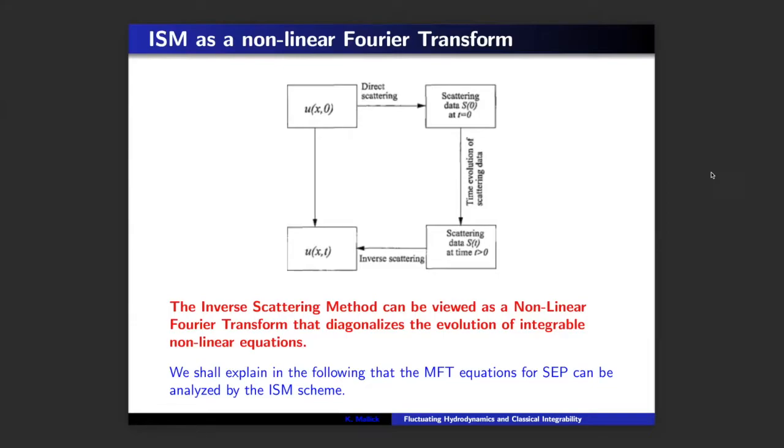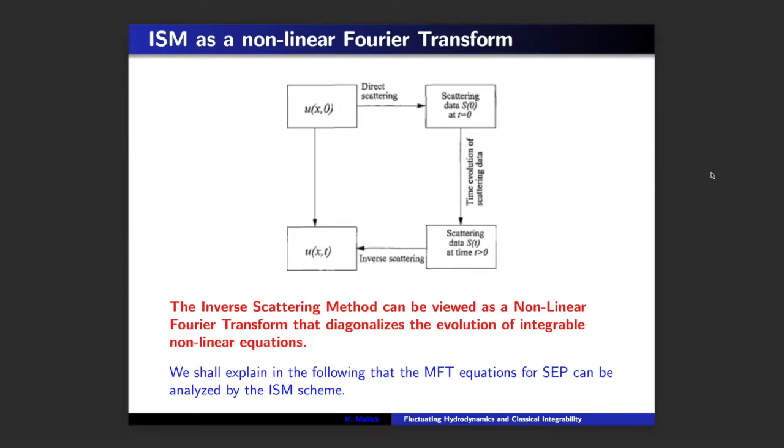So the idea is that you have the initial condition. By direct scattering, you get the scattering data at t equal to 0, a bar, b bar. Then you do the time evolution up to time t. You have the scattering data at time t. You do inverse scattering, you get the solution at time t. If you replace the words inverse scattering by Fourier transform or by Schrödinger equation in the eigenbasis, that's what we have been doing all the time.